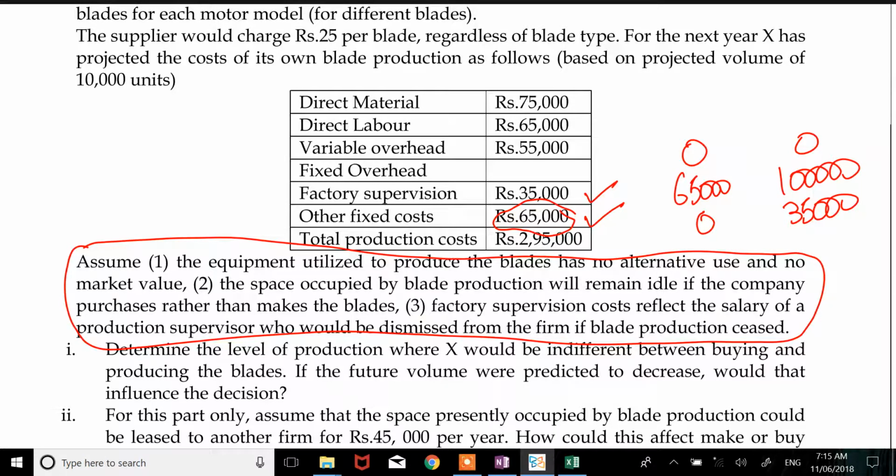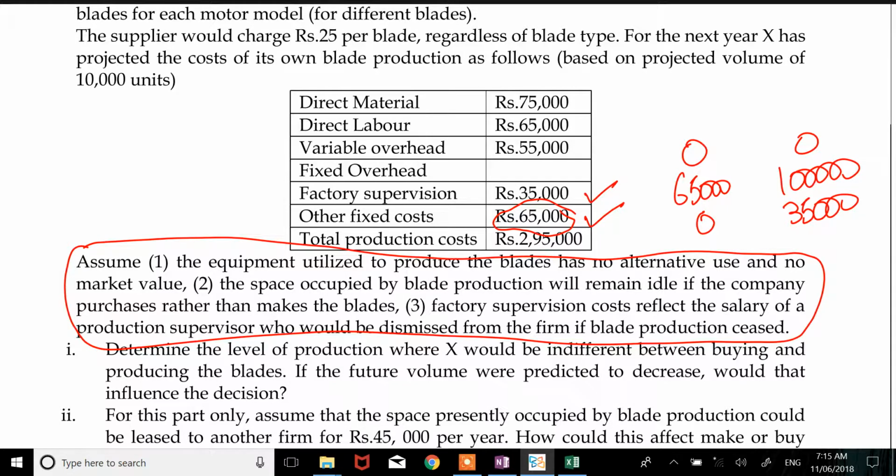Above indifference point, what do you select? Above indifference point, it is low variable cost, below indifference point, low fixed cost. So above indifference point, that is above 6364, I would prefer which one? Producing blades.